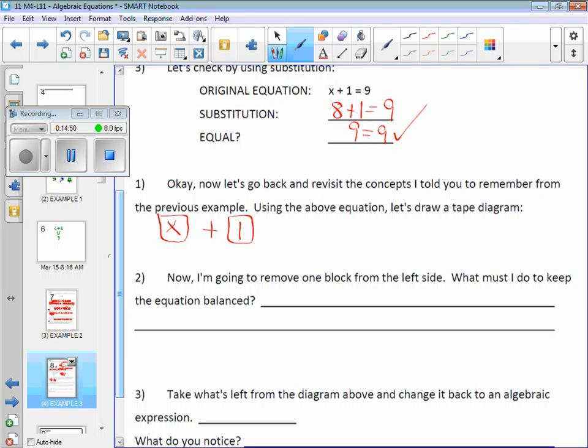That's going to equal 9 boxes, each equaling 1. If you think about it, I took the 9 that was on the right and put it in expanded form. That's what that 9 is: 1 plus 1 plus 1 plus 1 plus 1, and 9 of these. Technically, what I did is put it in expanded form. Make sure you have 9.